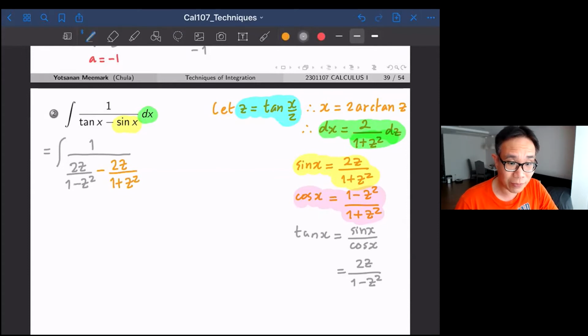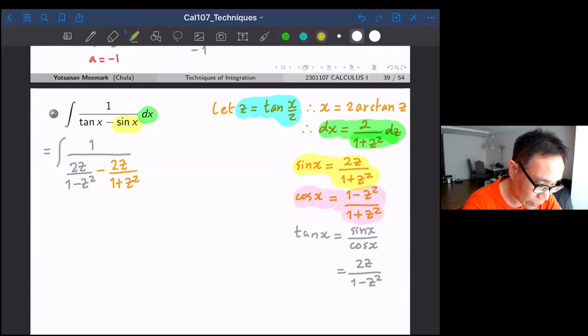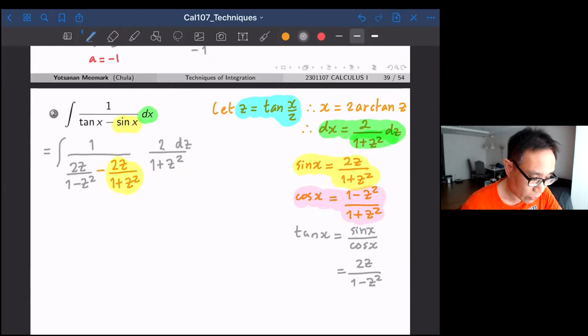Be careful a little bit on this calculation. Okay, and you have dx, and dx is the green one, so it's going to be 2 over 1 plus z square dz.